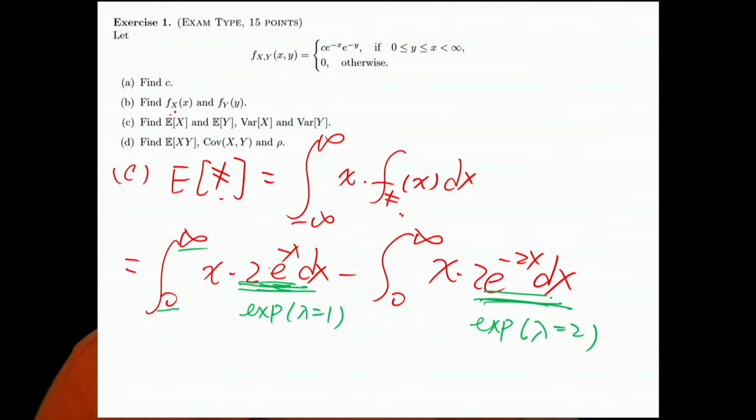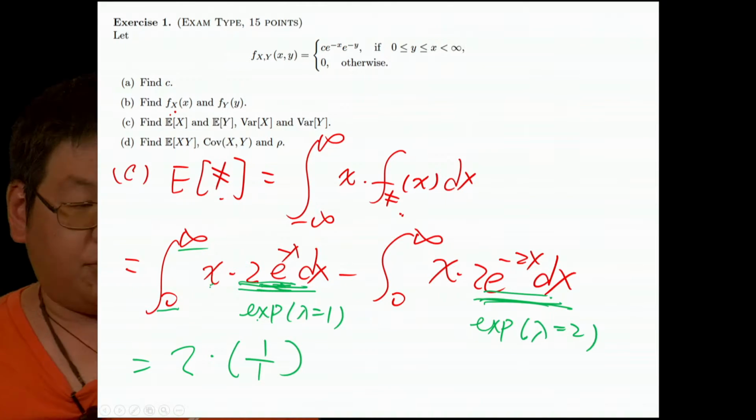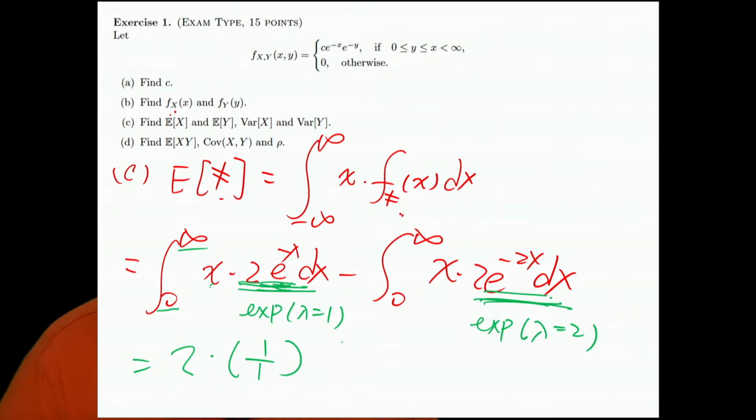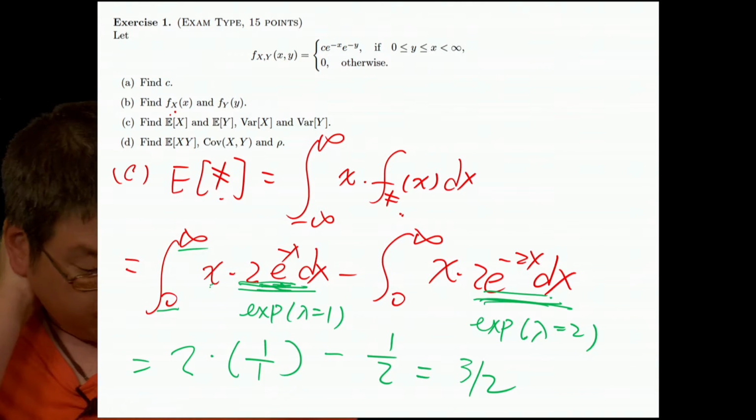If this is the PDF of x times x, that means I'm trying to find the expectation. So you can easily find the expectation of the exponential distribution, which will be this minus 1/2. Finally, you get the answer is 3 divided by 2.